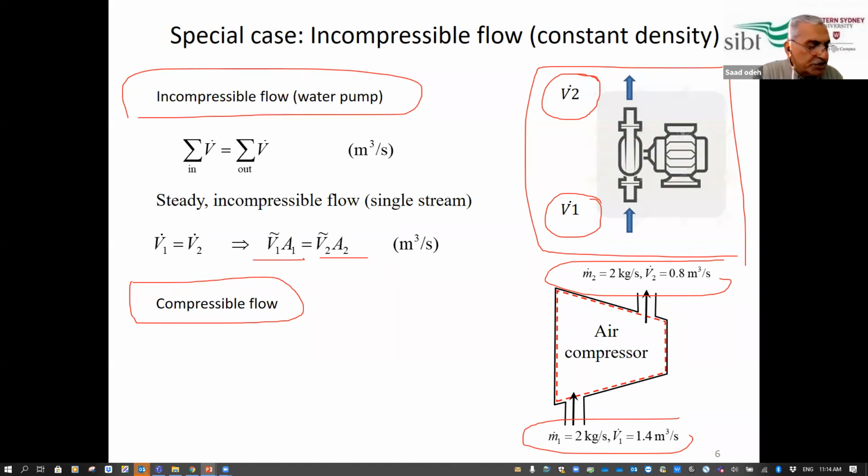While because it's a compressible fluid, you find that V dot 1 is different from V dot 2. The volume flow rate is different because the density of a gas is changing in a compressor. Therefore, you will find that the volume flow rate will be different.